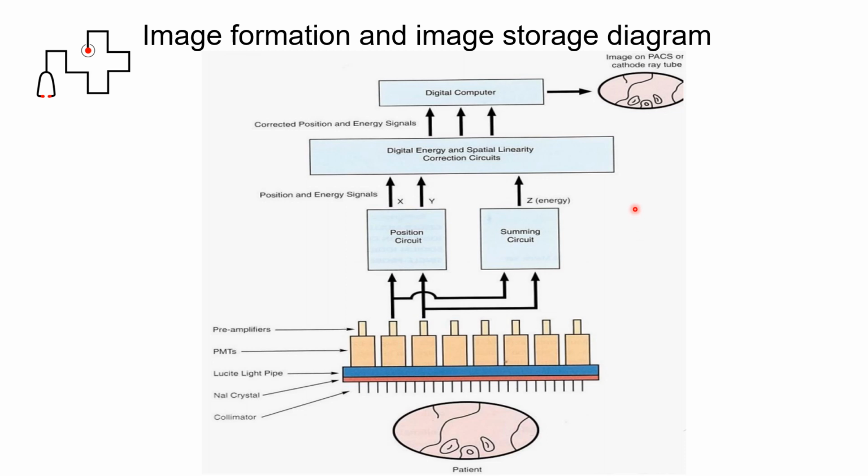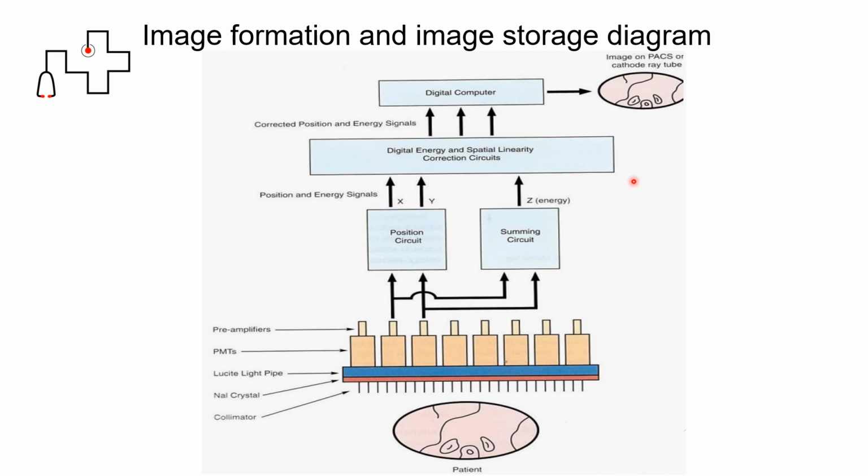Multi-head gamma camera system. The standard gamma camera is a single head that can be moved in various positions around the patient. The gamma camera system may include 3 detectors. A dual head gamma camera system is the most commonly used because it allows for simultaneous anterior and posterior planar imaging, and is ideal for SPECT CT.